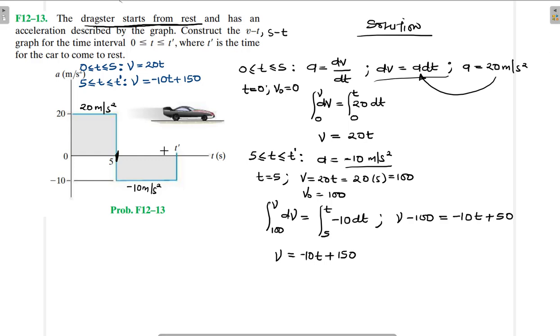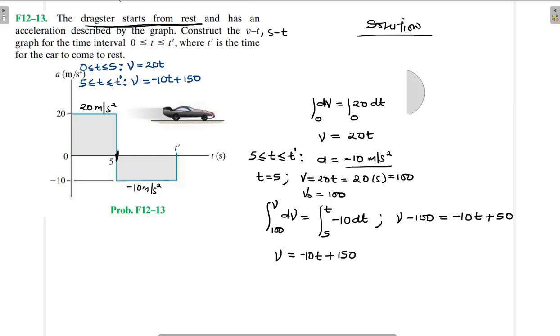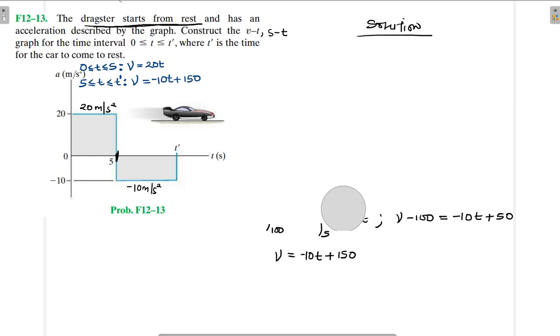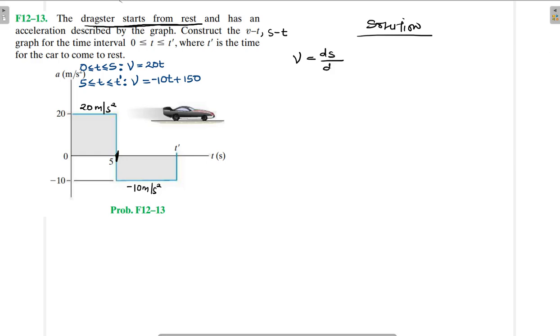Okay, so I said you also find the s-t graph, the position-time graph. We know that the instantaneous velocity is equal to ds over dt.